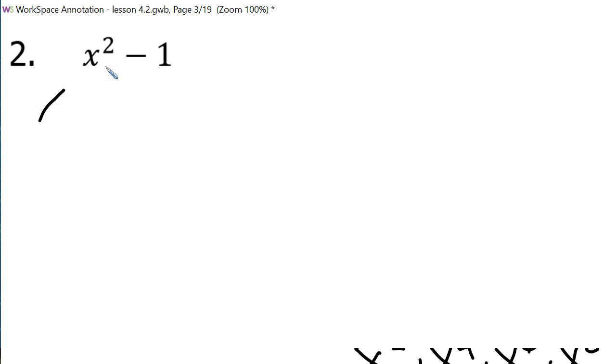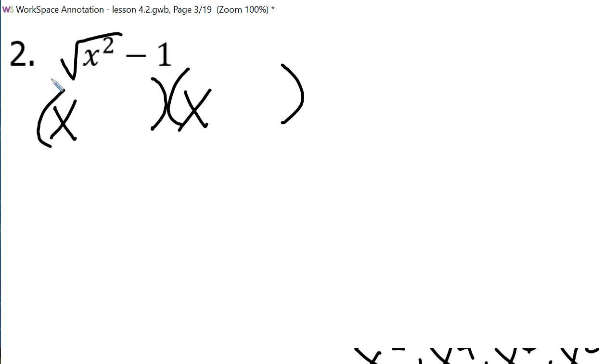So go ahead and put your two sets of parentheses, and to find our answer, we need to square root both of these terms. So the square root of x to the second is x to the first. One is a plus, the other is a minus. And what's the square root of 1? 1. So we have x plus 1 and x minus 1.